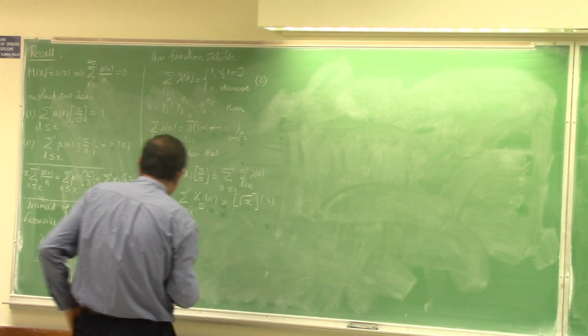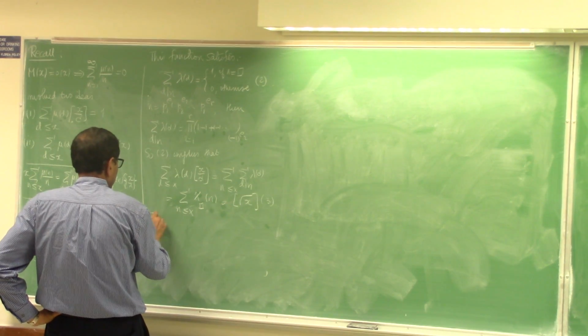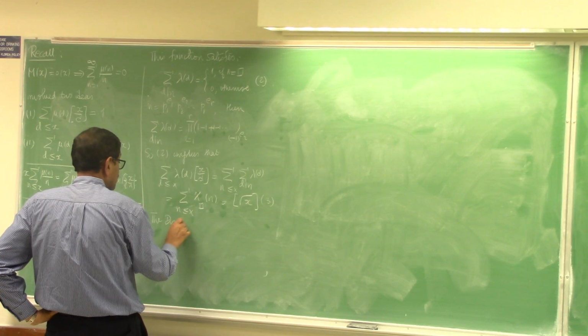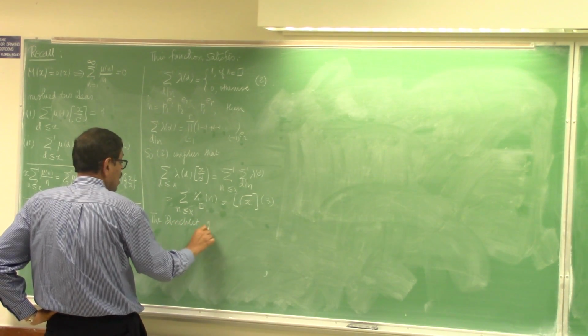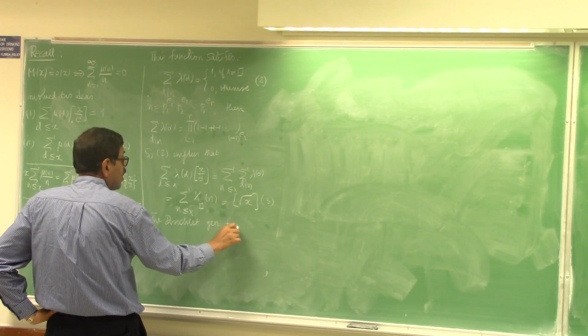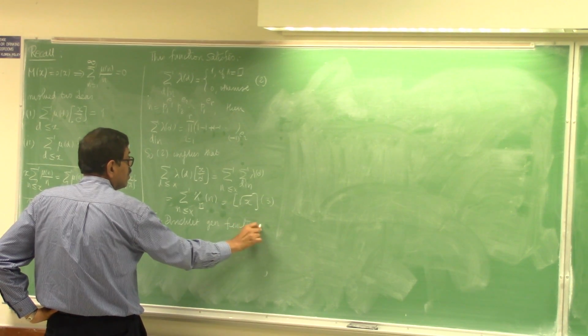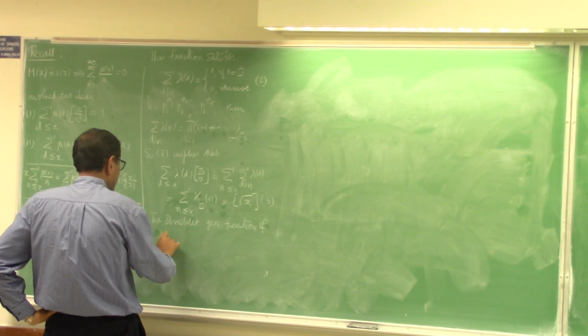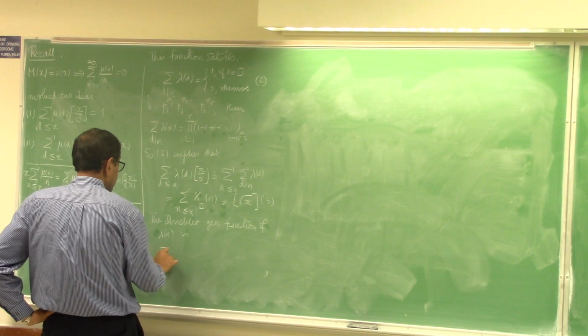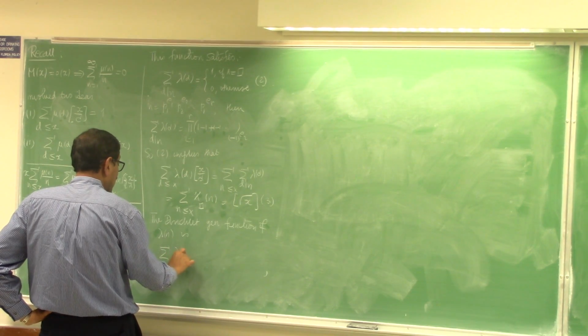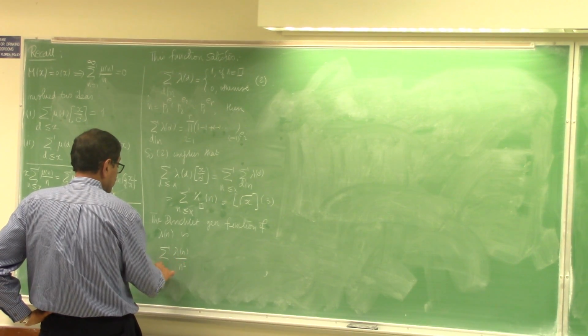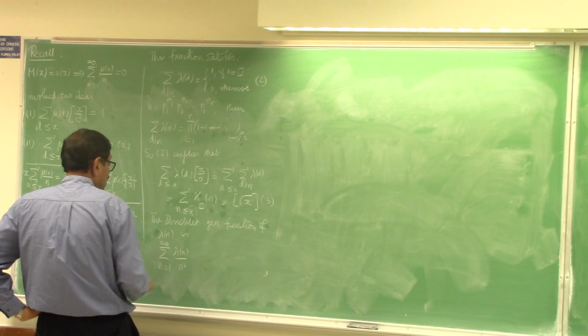Okay. Now let us look at the generating function. The Dirichlet generating function of lambda n is summation lambda n over n to the power of s. Now let us look at this.